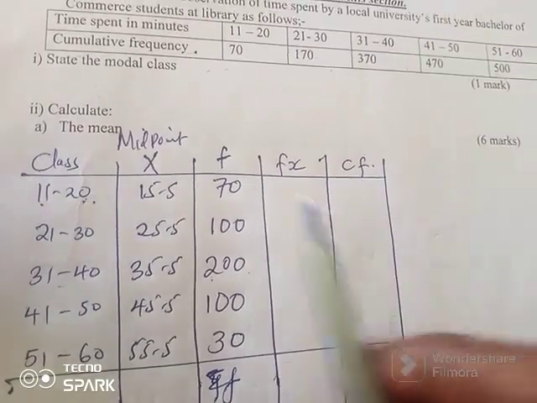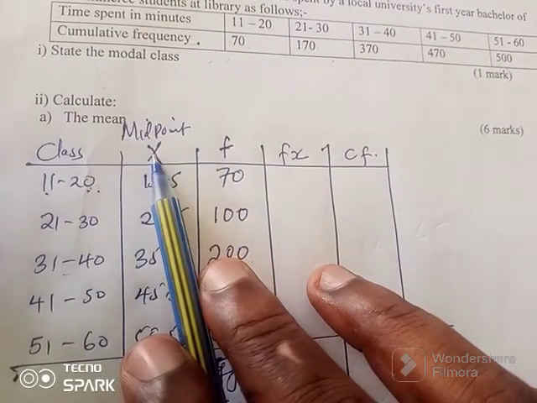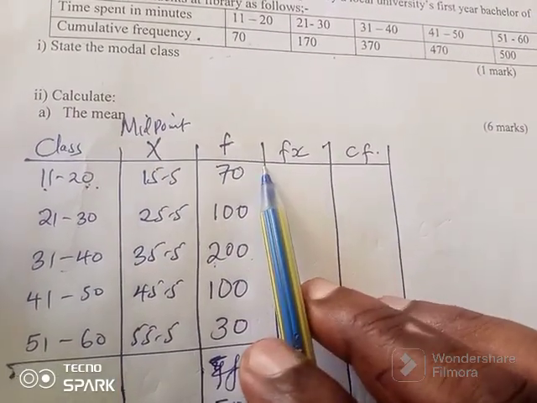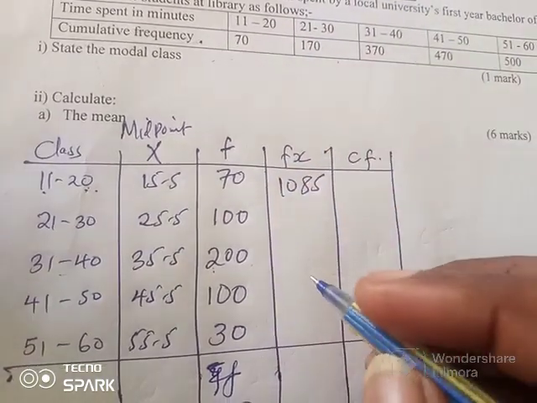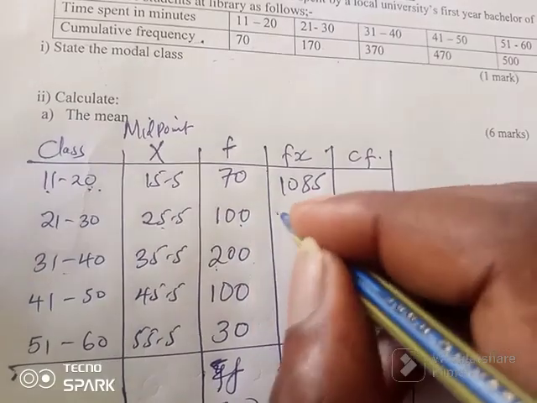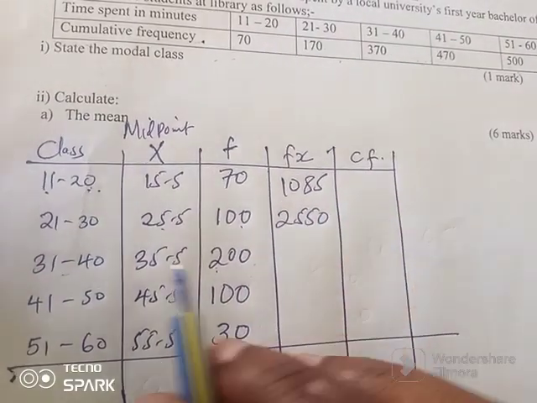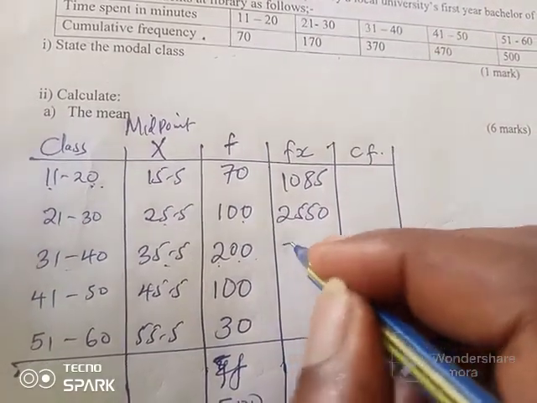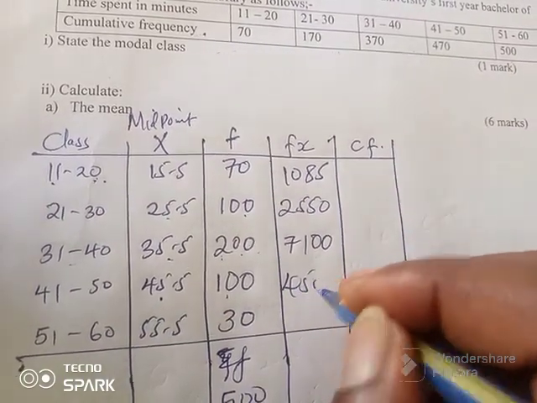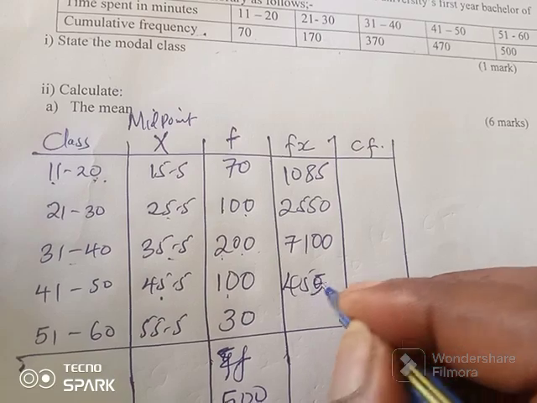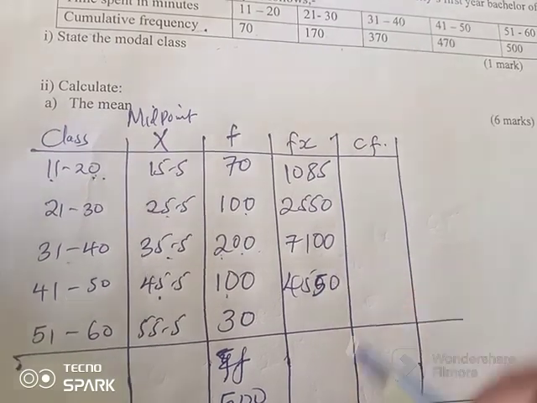Then fx, we are just multiplying frequency by the midpoint. As we work this out, we shall get 1085. If you multiply that, you get 2550. If you multiply that, we shall get 7,100, no, 4,550.